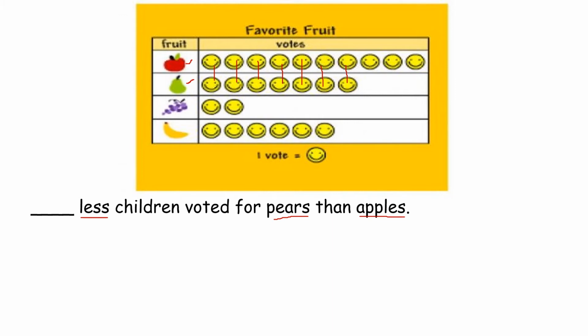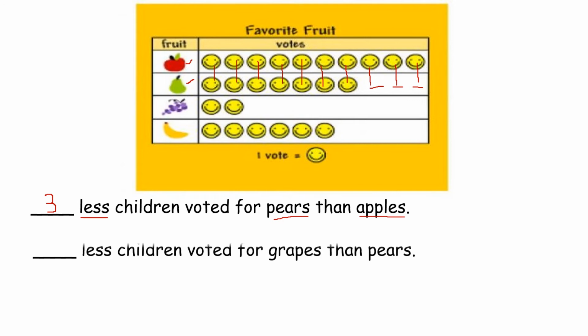So when we match, then we look for the imaginary faces here that would even up all the faces, right? And how many missing? We are looking for the missing ones. 1, 2, 3. We have 3 missing. So therefore we can say 3 less children voted for pears than apples.